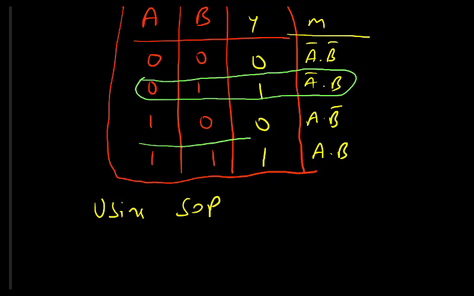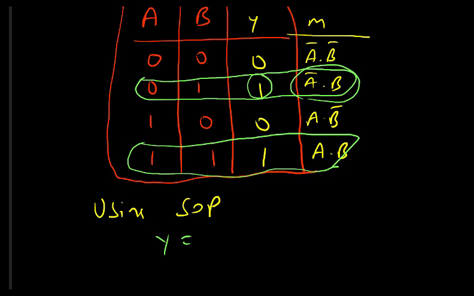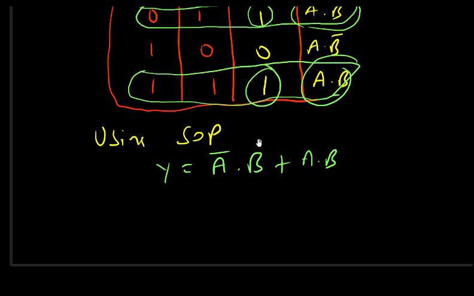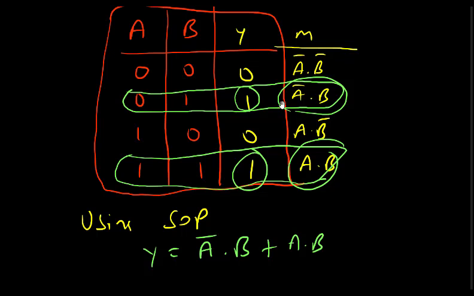So I write the SOP equation y is equal to A bar B plus A B. This is the SOP equation, sum of products. I took only those min terms for which output is 1. There are 4 min terms, but only those should be taken.